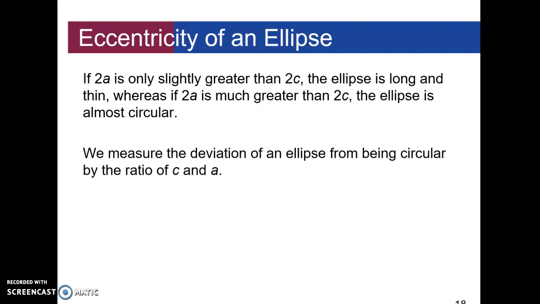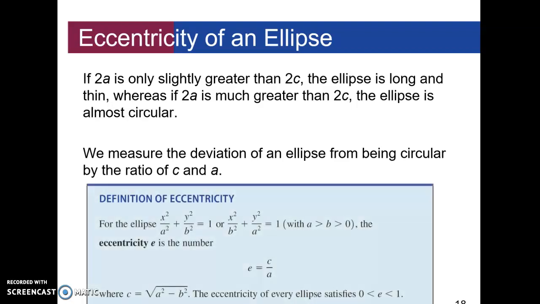So we can measure this eccentricity of the ellipse by looking at the ratio of C and A. What we know is eccentricity, which we typically label E, is that ratio, C divided by A. C we find by looking at the non-zero coordinate of the focus or foci, and A we know is the non-zero coordinate of the vertices in a wide ellipse.